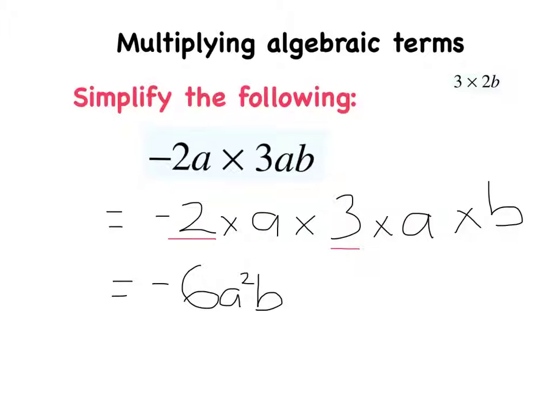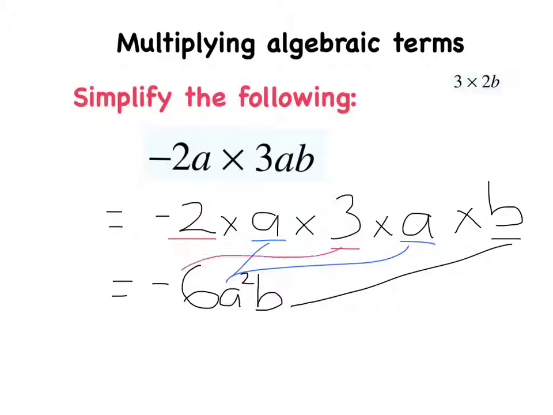The b goes there, the a's go there, the 3 and the negative 2 becomes negative 6. That's how I simplify. Negative 2a multiplied by 3ab becomes negative 6a squared b. That's simply simplifying my terms.